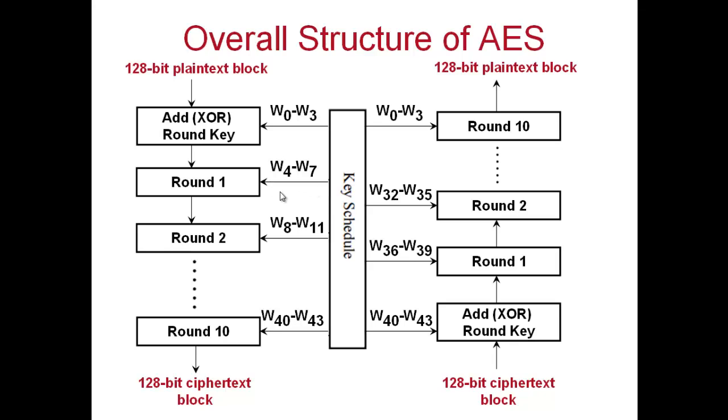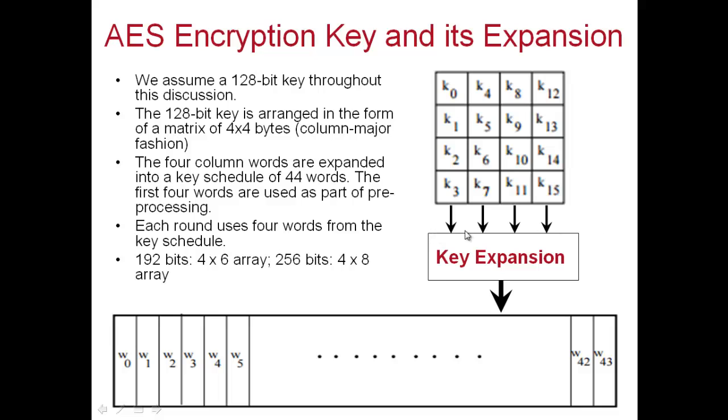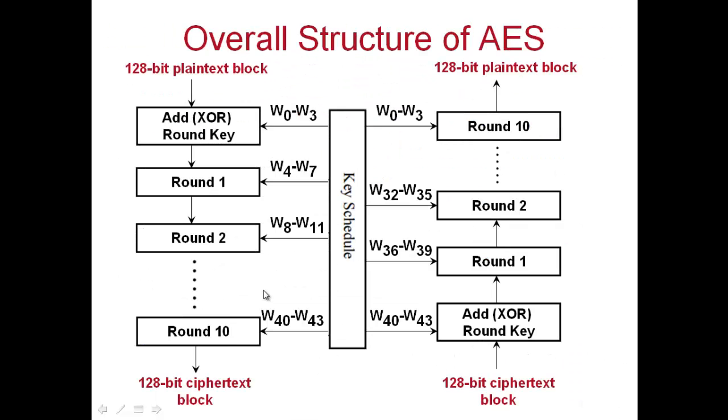The 4 words for each round will be different. This is what we call the expanded key. Using that 128-bit key, we'll expand it. The 128-bit key is a 4-word quantity, where each column is a word, and we'll expand that 4-word key to a 44-word key schedule. The initial XOR step will take the first 4 words of the key schedule.